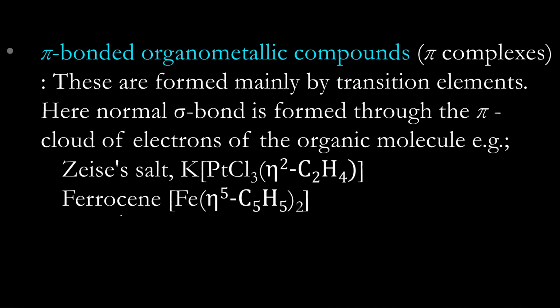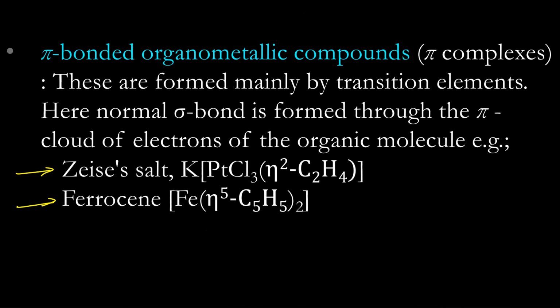Then it is pi bonded organometallics, pi complexes. You just need to remember the names of the examples here. These are formed mainly by transition elements, D block elements. The important point here is that normally, if I say complexes, those are pi complexes.